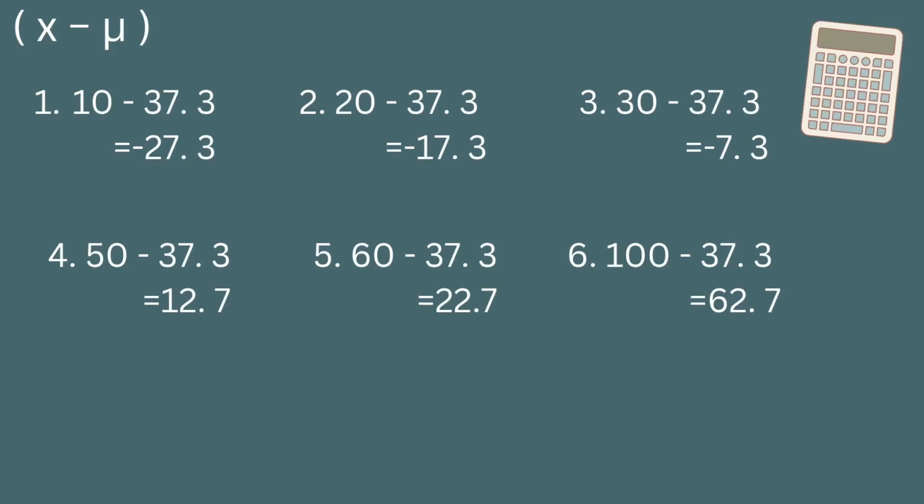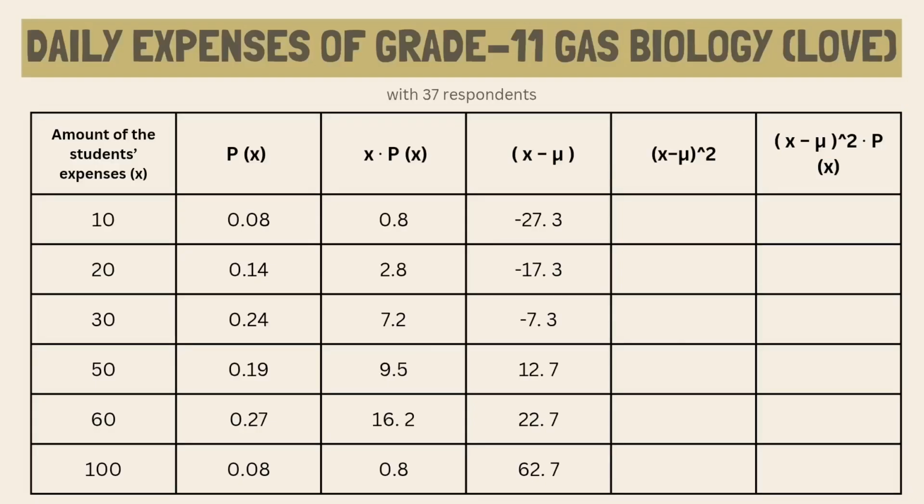For example, we will have 10 minus 37.3, which will result to negative 27.3. 20 minus 37.3, which is negative 17.3, 30 minus 37.3, which is negative 7.3, 50 minus 37.3, which is 12.7, 60 minus 37.3, which is 22.7, and then 100 minus 37.3, which will result to 62.7.